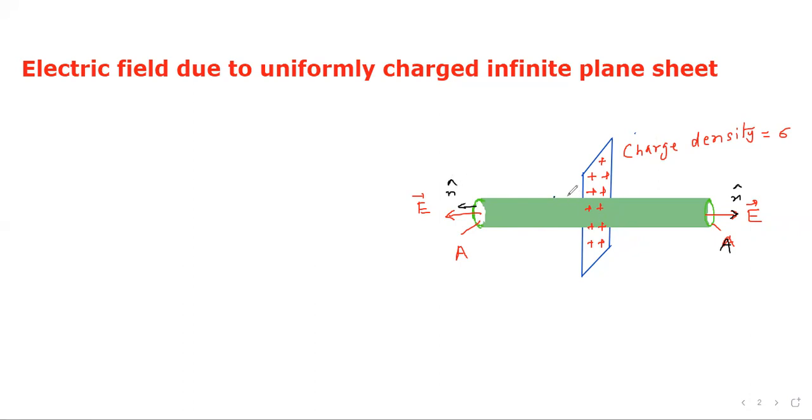On the curved surface, if you consider any area, n cap will be like this, but the electric field will be like this. So theta will be 90 degrees. So the contribution of flux due to the curved surface area will be 0. Only the circular ends contribute.